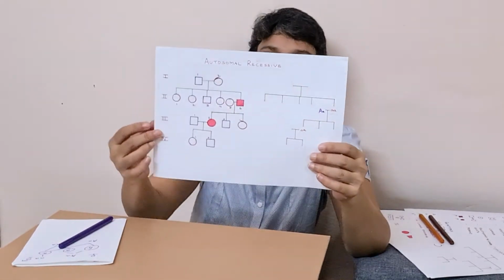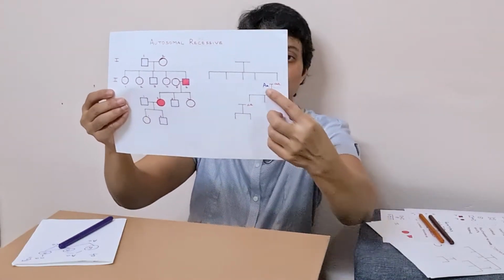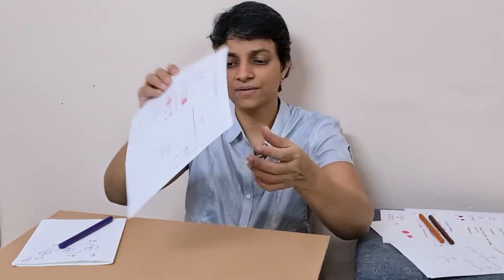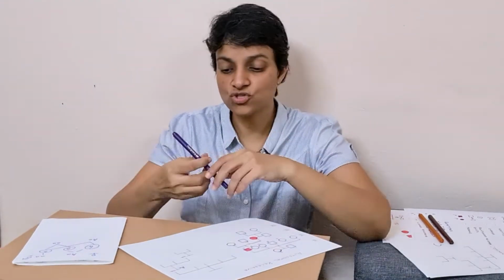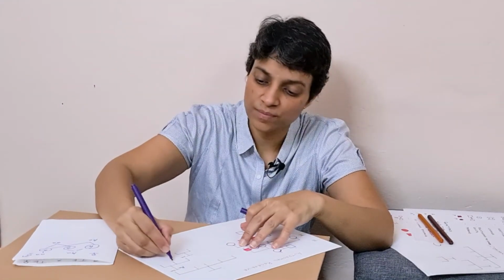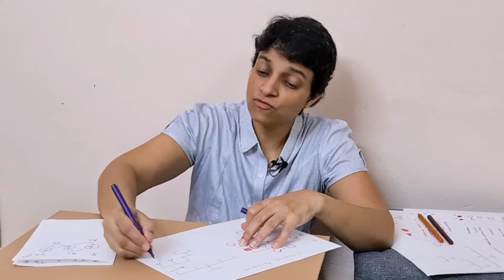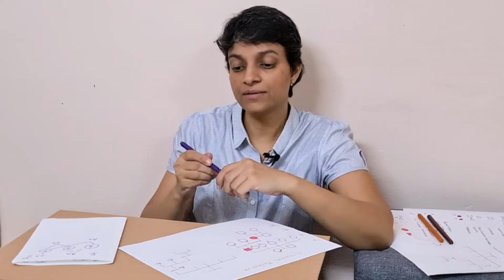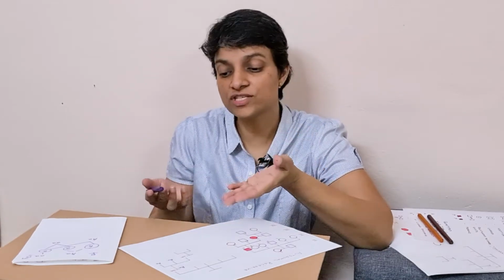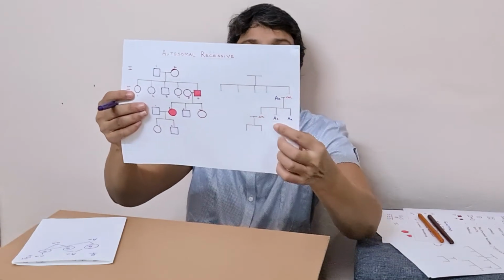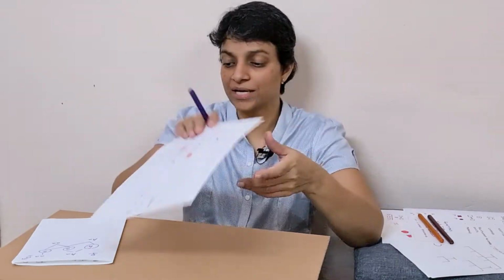So the mother here is a heterozygote, and here the female is affected. So the boys are naturally heterozygotes, because the father can give only small a and the mother will give a capital A because they did not get the disease. So we have some more information ready in our pedigree.